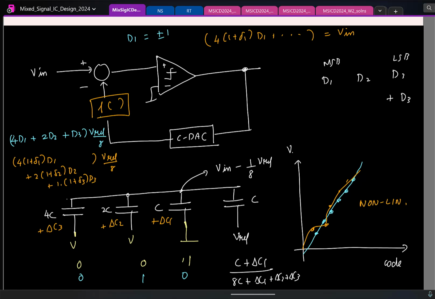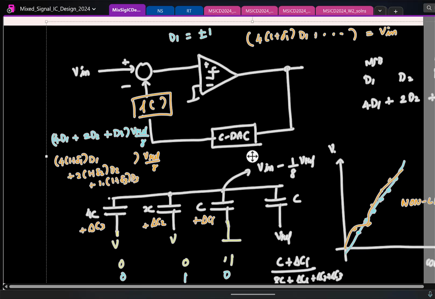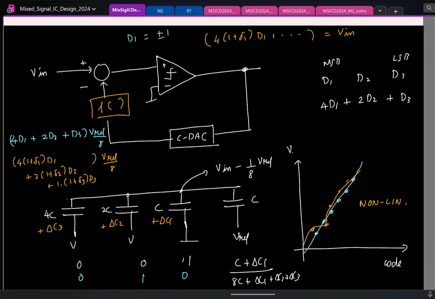D3 plus 2 times D2 plus 4 times D1. Now this is what you do, but the negative feedback loop is not making this equal to Vin. What is it doing? It is trying to keep this signal equal to Vin. Fine. So let us say this is the D out you get, and the way you are recombining is this.